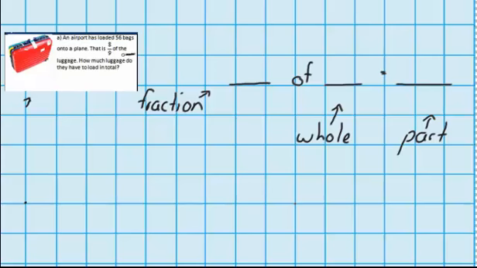Well, I'm going to start by drawing out a little diagram which represents that 8/9 fraction. So I'm going to draw a rectangle that is 9 boxes wide. And the reason it's 9 boxes wide is because my denominator tells me that the luggage has been split into 9 groups.